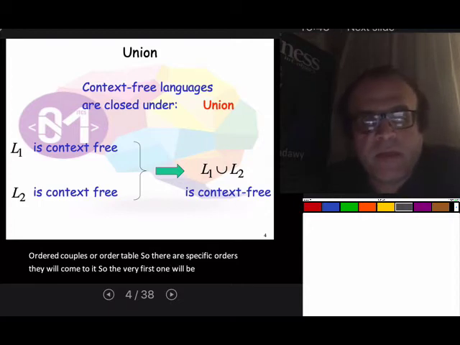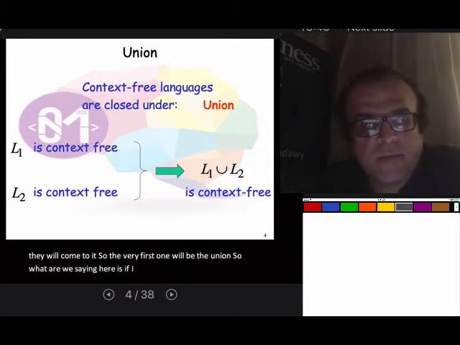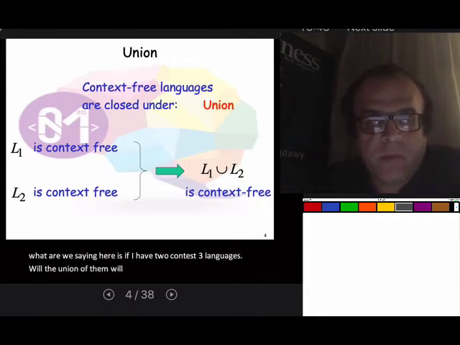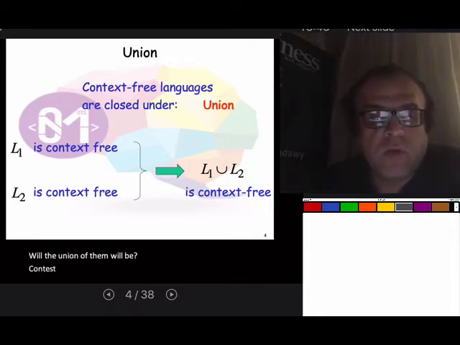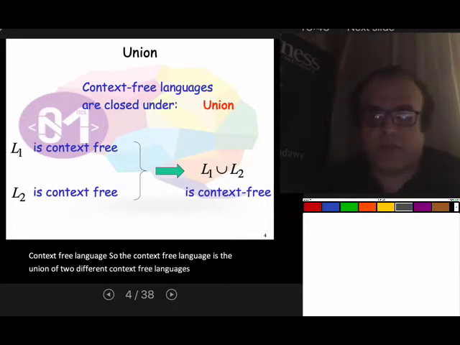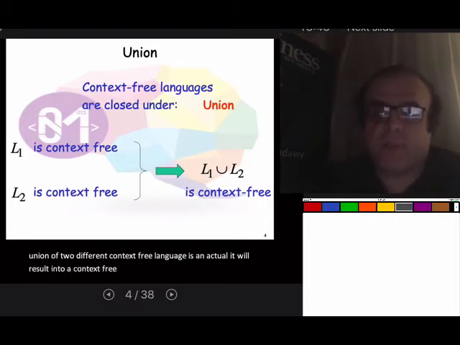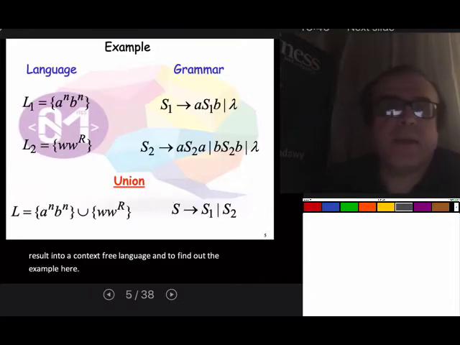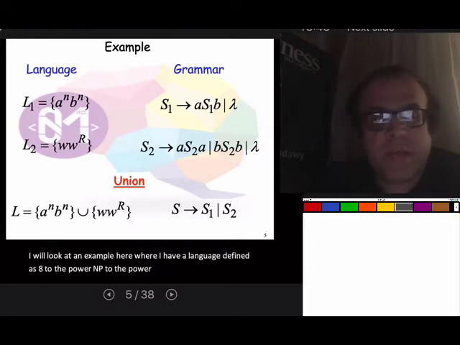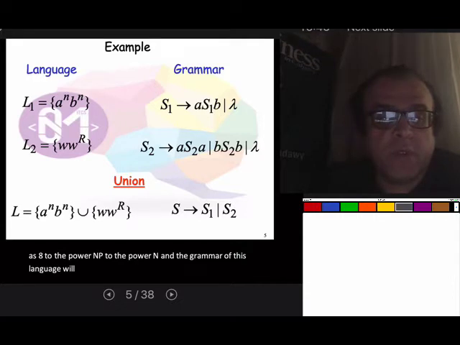What are we saying here? If I have two context-free languages, will the union of them be a context-free language? The union of two context-free languages will result in a context-free language. As an example, I have a language defined as a to the power n, b to the power n, and the grammar of this language will be S leads to aS1b, or lambda, the null.